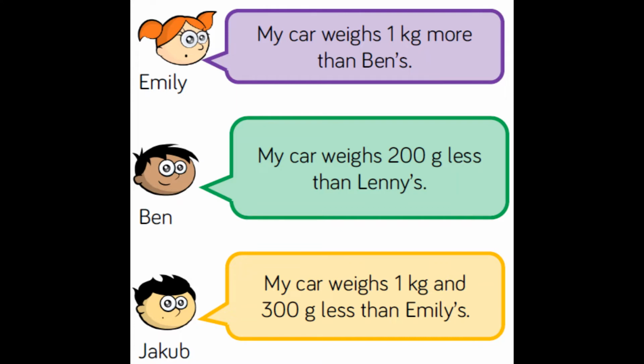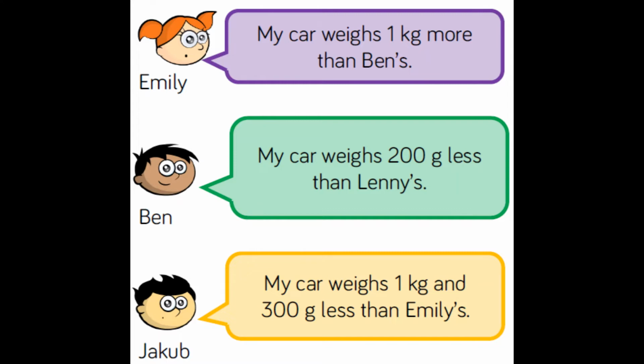And Jacob says, my car weighs 1 kilogram and 300 grams less than Emily's. So Emily's weighs 1 kilogram more than Ben's. Ben's weighs 200 grams less than Lenny's. And Jacob's weighs 1 kilogram and 300 grams less than Emily's.